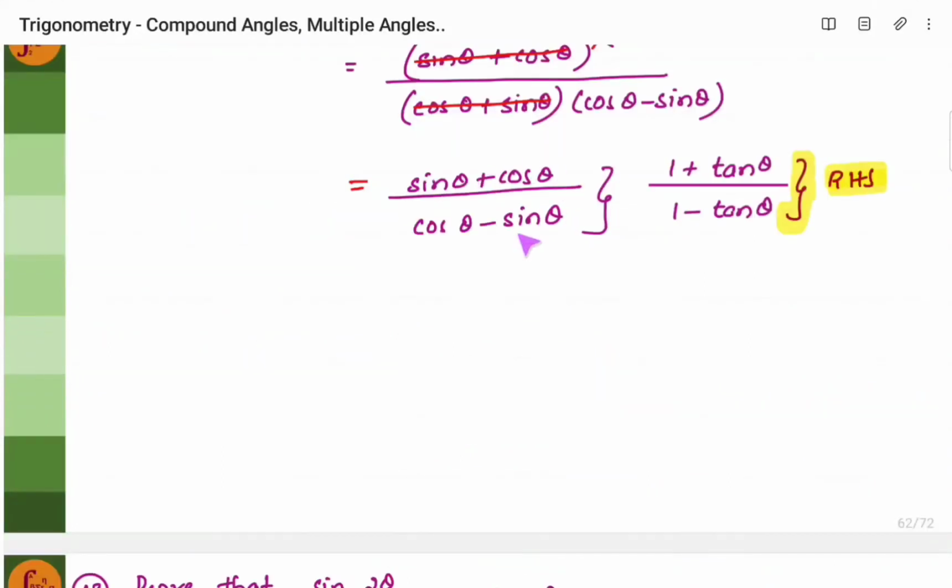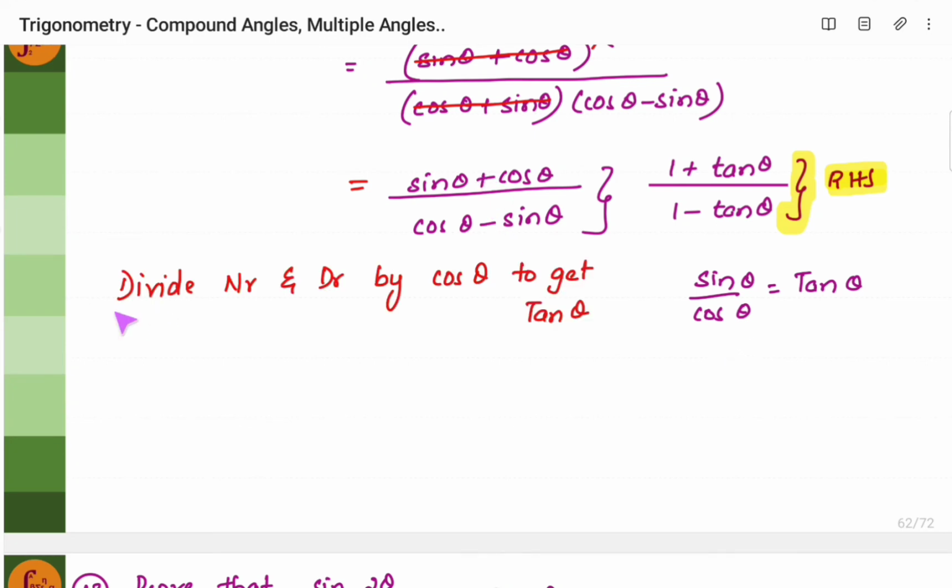What we've got is in terms of sin, but we want it in terms of tan. What we can do is, we know that sin by cos is tan, right? Sin theta by cos theta is tan theta. If you divide sin theta by cos theta, you will get tan theta. So what I'll do is, I will divide both numerator and denominator by cos theta to get tan theta.